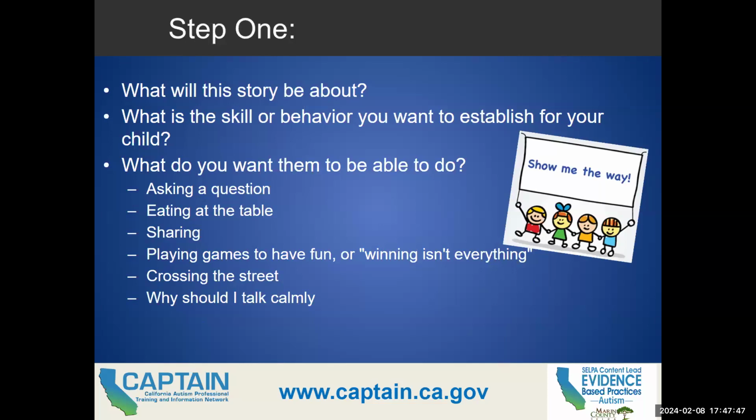Okay. And maybe they're not learning how to play games to have fun. Perhaps they're impulsive when they cross the street and we want them to learn street safety. Another one could be talking calmly versus yelling, right? So there's lots of different things that when we look at a student, we could say, okay, we want to look at the situation and what is the behavior that we want to address? And then we create the story from around that.